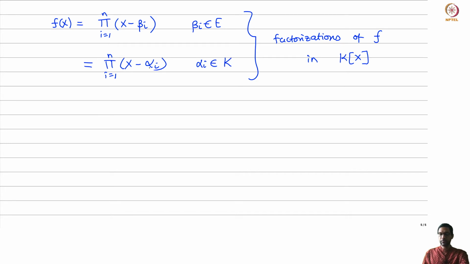And if you have two different factorizations, then the only possibility is that they really coincide with each other.